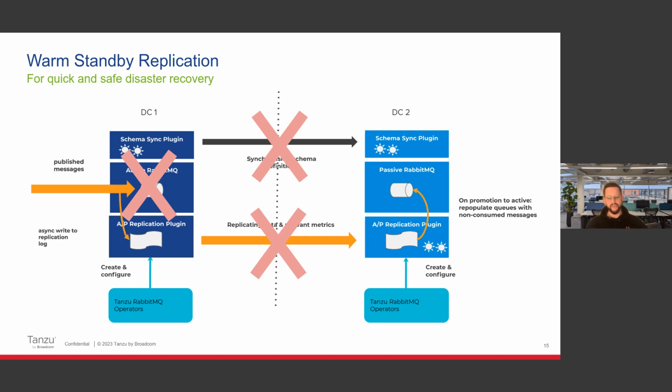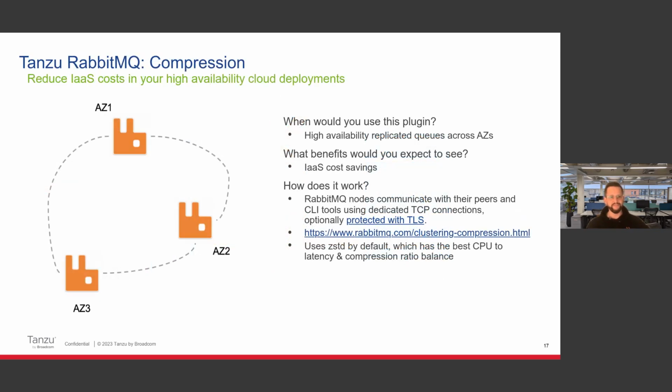But when you promote the passive site, you're only enqueuing the non-processed, non-consumed messages. So what that means is the applications, when you do the failover, you point your applications from the active site to the passive site. That means that those applications will be starting with the non-consumed messages first. So application traffic can then be just redirected to this promoted passive site and continue working without worrying about message loss or duplication.